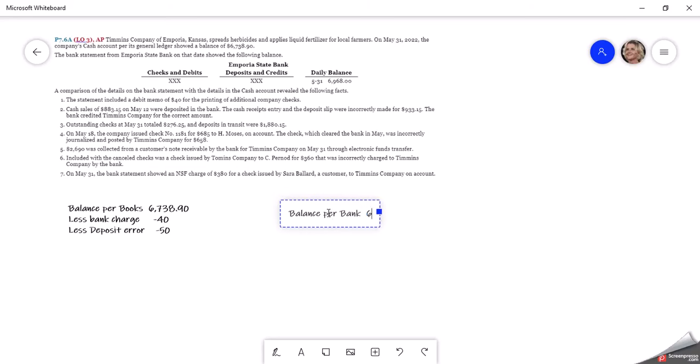So the bank shows $6,968 and no cents, but then we are going to say we know about checks outstanding, so we're going to subtract those, and that is $276.25, and then we're going to add deposits in transit.